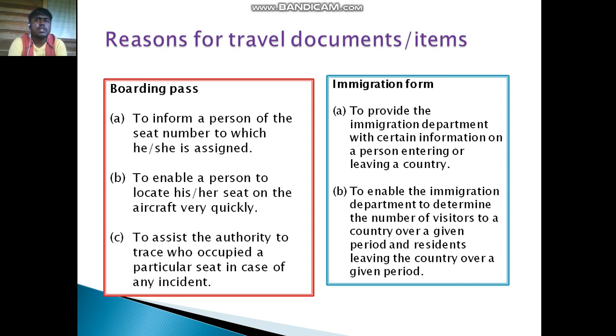So the immigration form basically provides information to the immigration department of persons entering and leaving the country, whether it's residents of a country leaving the country or persons coming into the country. So the immigration form is used as a statistical report for the immigration office.